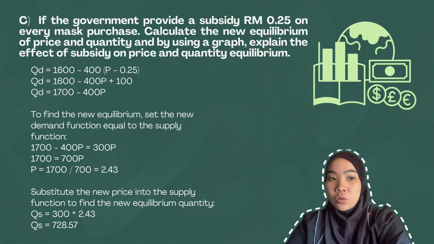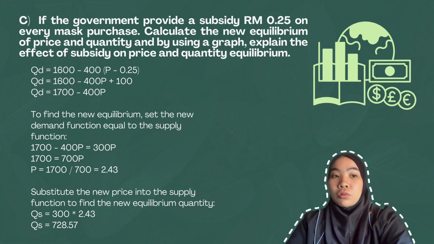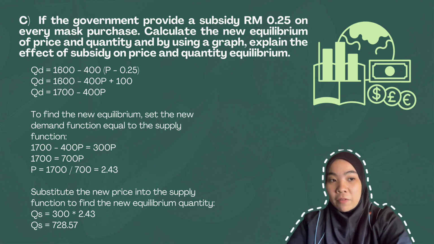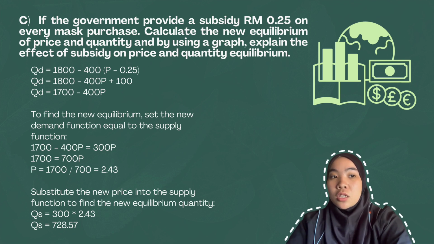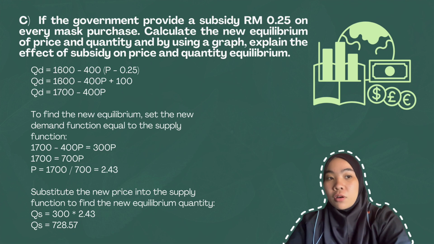This is the new equilibrium price. If you want to use the supply function, we use QS equals 300 multiplied by 2.43. So QS is 728.